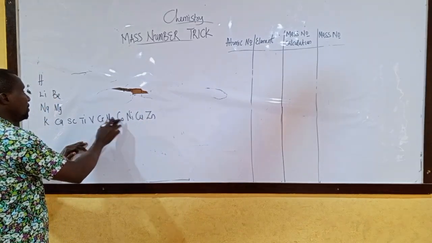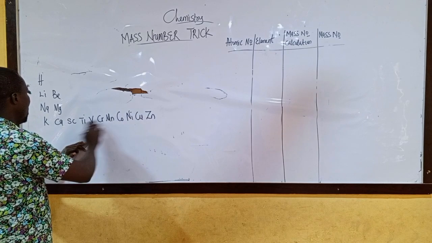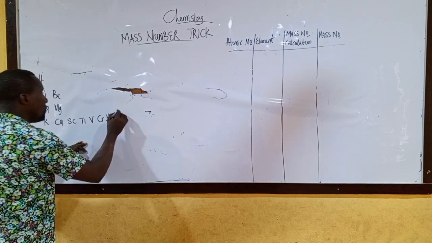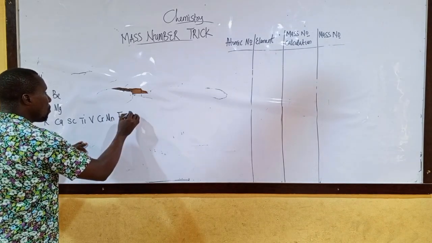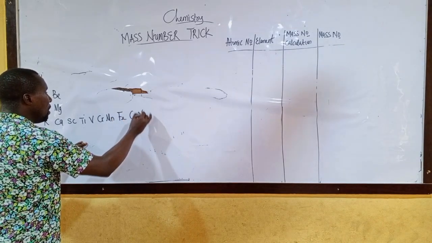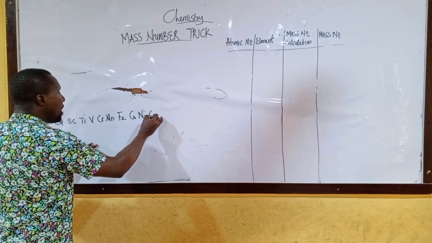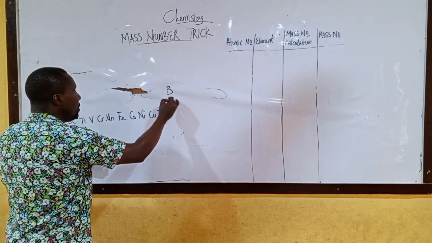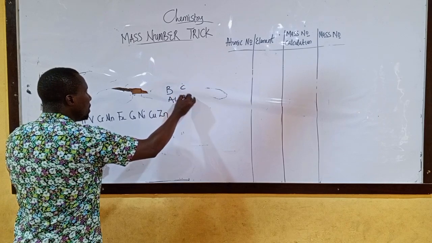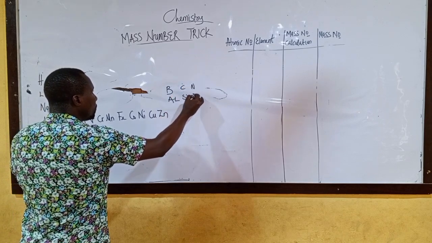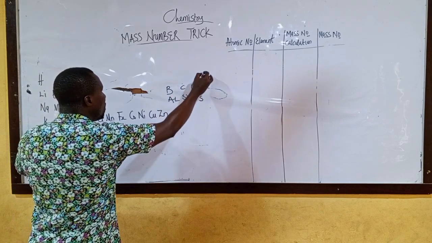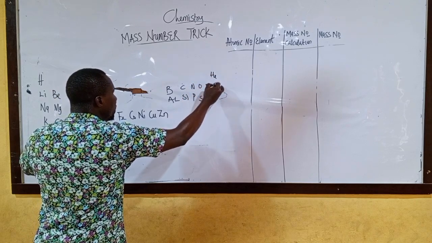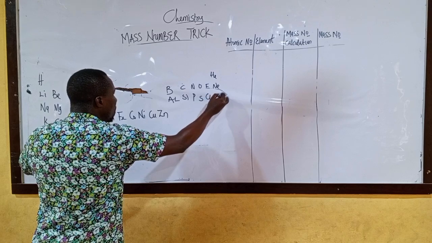You have iron, cobalt, nickel. You have copper, zinc. You have boron, aluminium, carbon, silicon, nitrogen, phosphorus, oxygen, sulfur, fluorine, chlorine, helium, neon, and argon.